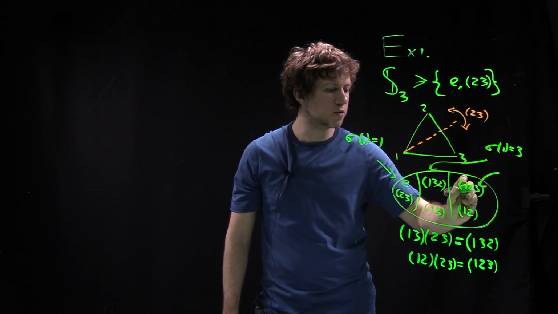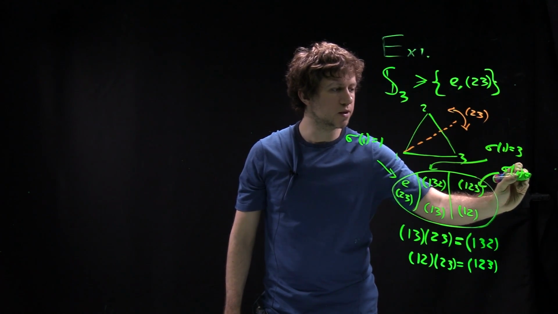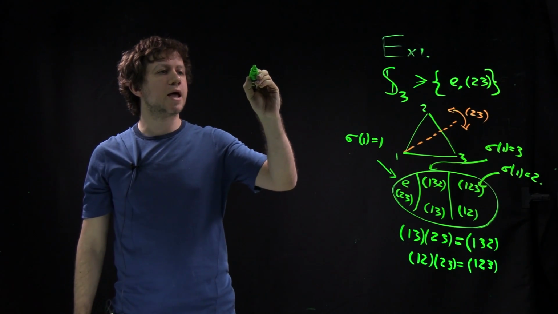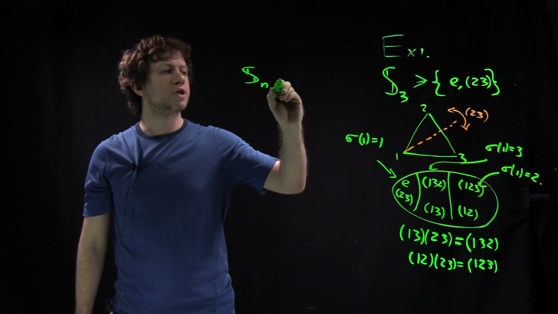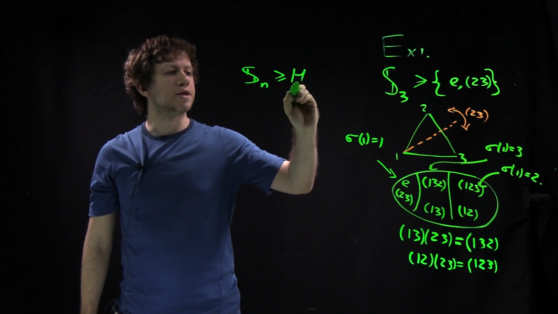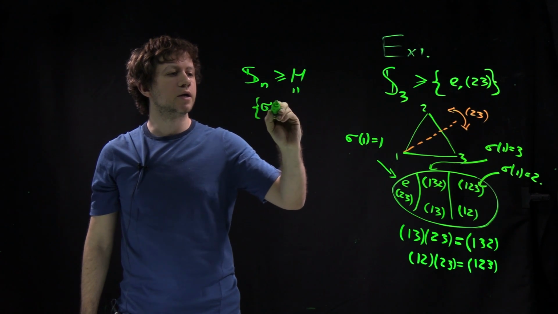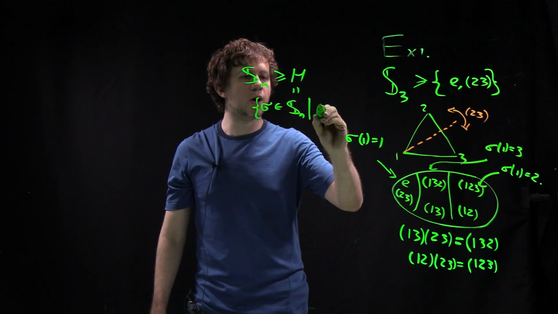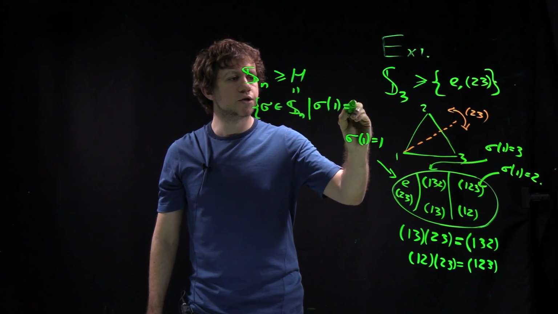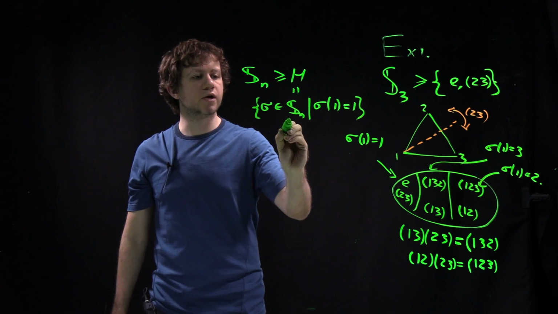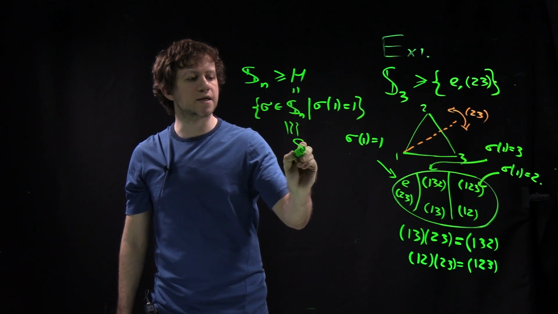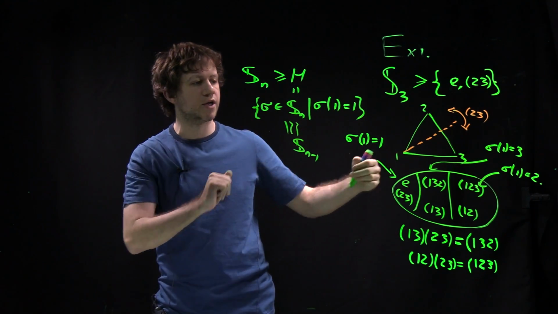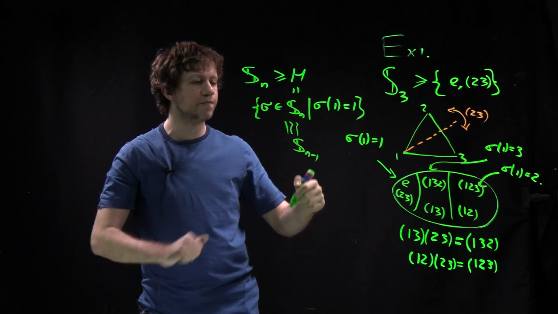And these are permutations sending 1 to 2, sigma of 1 equals 2. And in general, if you take Sn and a subgroup H of sigma in Sn such that sigma of 1 equals 1, this is a subgroup, and it clearly is isomorphic to S(n minus 1), just because a permutation sending 1 to 1 permutes the remaining n minus 1 elements, and you get this isomorphism.